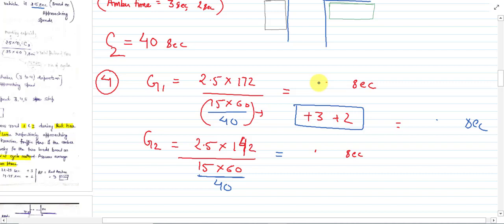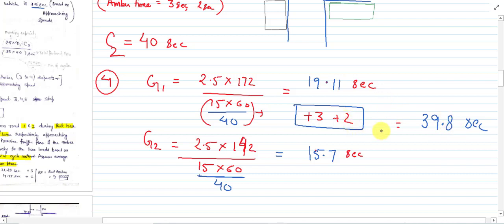After considering the cycle length 40 seconds in trial 2, we will get this answer for G1, this one for G2, and this is the final summation C dash when we add 19.11 seconds with 5 seconds plus 15.7 seconds. You can take this value because it is very near to 39.89.